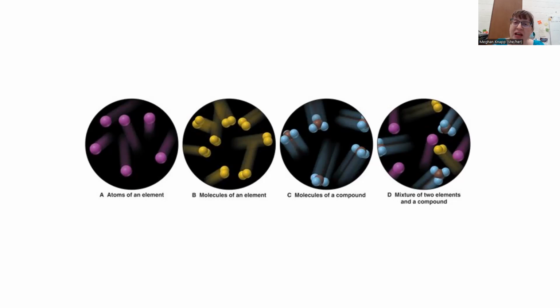But when we talk about an element, it could be just an individual atom. That might be something like helium, or it could be molecules that are the same element bonded together. So nitrogen is N2, oxygen is O2. They are what we call diatomic elements. And so that's what's illustrated in B here, the yellow diatomic elements.